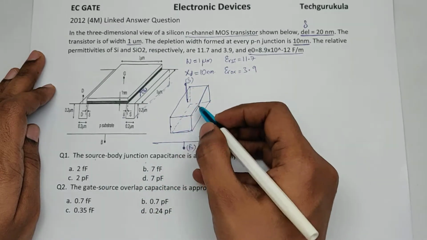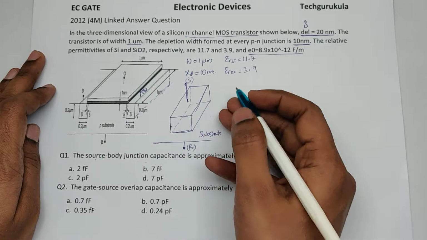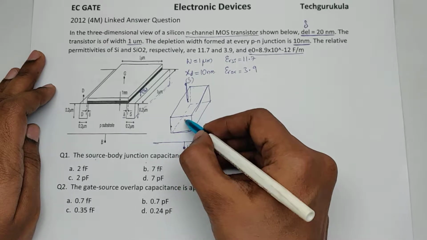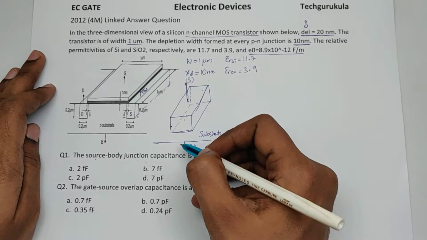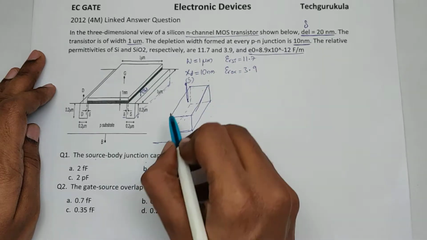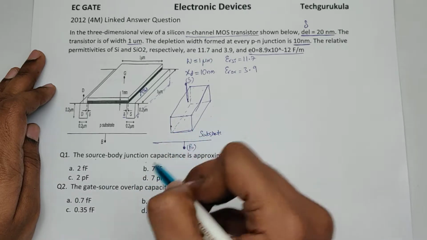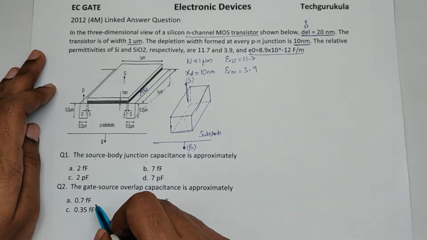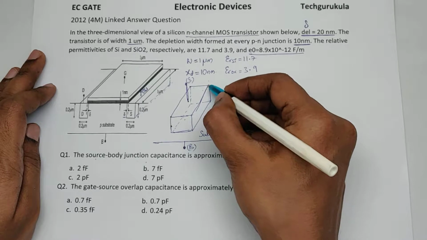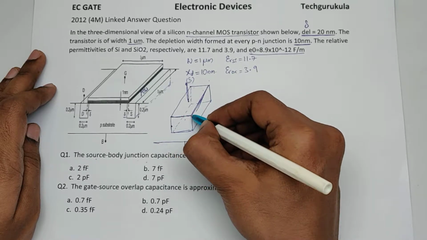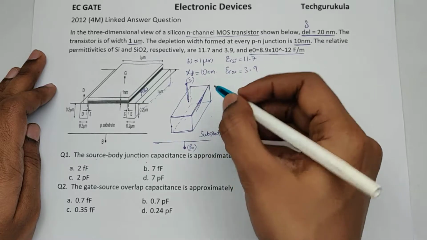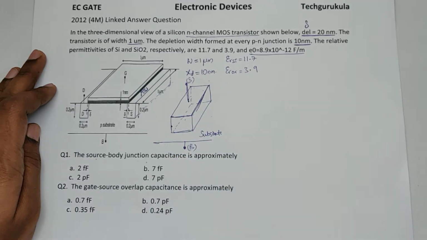Now if you observe here, which sides the junctions are present? If you see front side also, there will be one junction, back side one junction, right side one junction, left side one junction, and bottom side one junction, right? So we need to calculate the depletion capacitance here, which is the junction capacitance for all the sides and add them together.